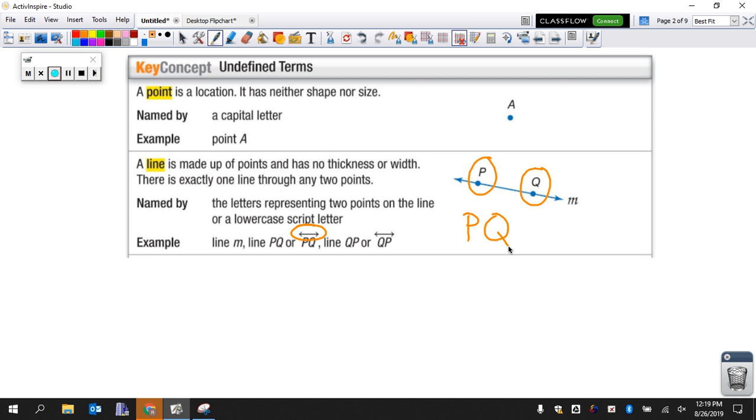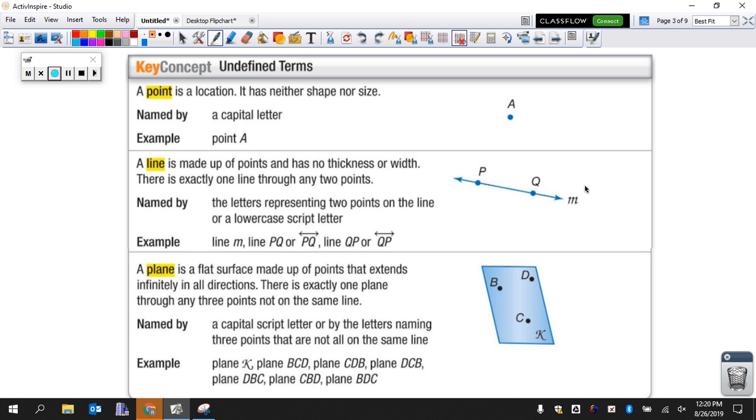You'll also notice that here on the end, there is a lowercase script m. That is another way of naming a line with just one letter rather than with 2 points. The order of the 2 points really doesn't matter. So this could be line PQ, or it could also be line QP.